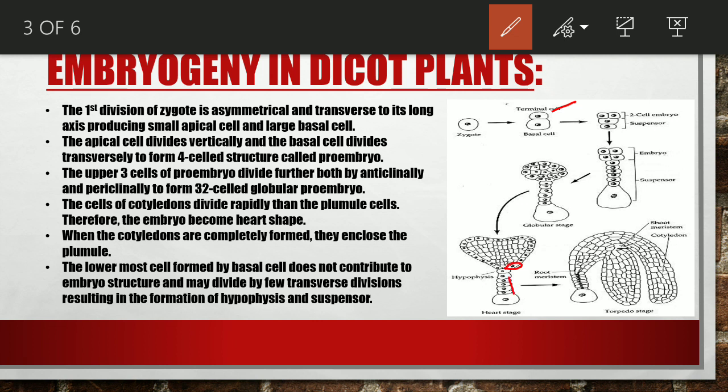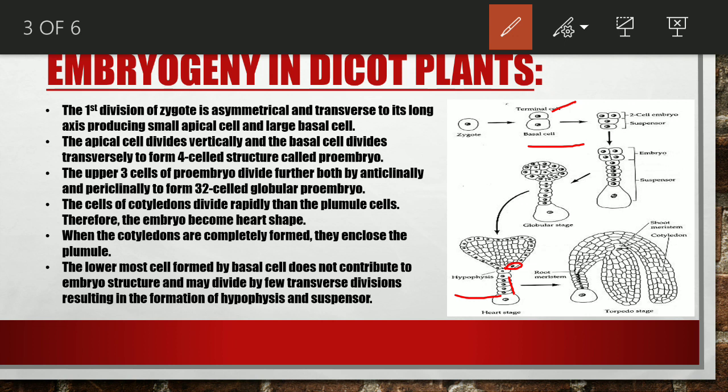Now, what is hypophysis? The hypophysis is the uppermost derivative of basal cell, and these cells serve as a precursor to the root cortex initials and central region of root cap.